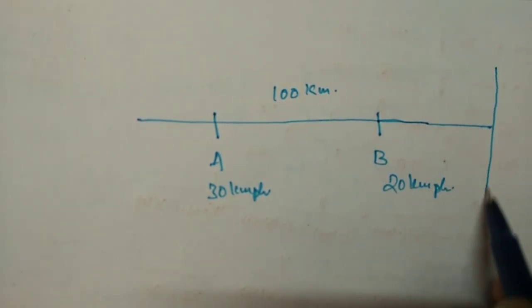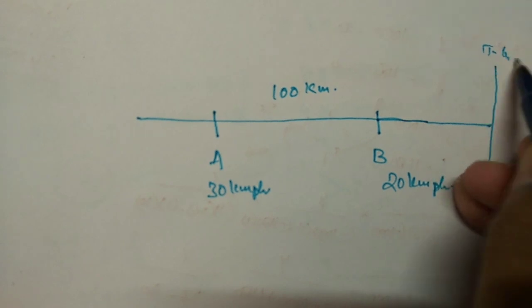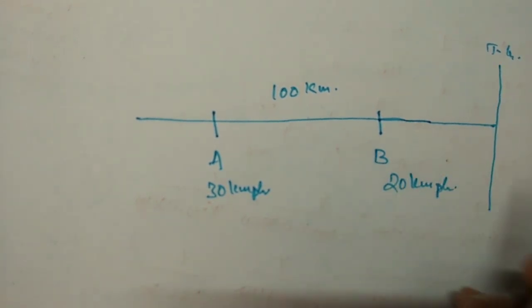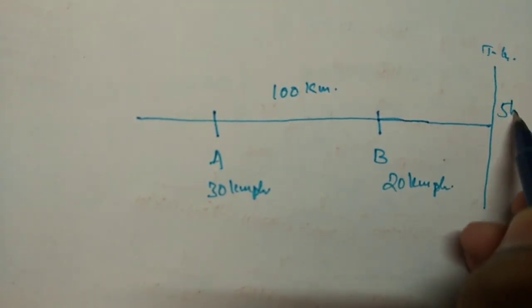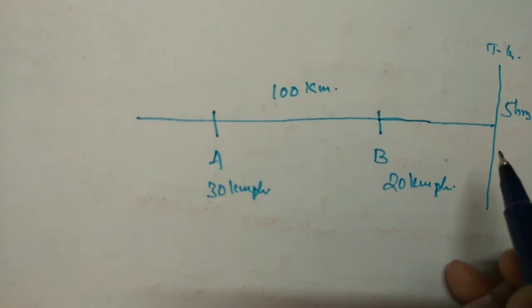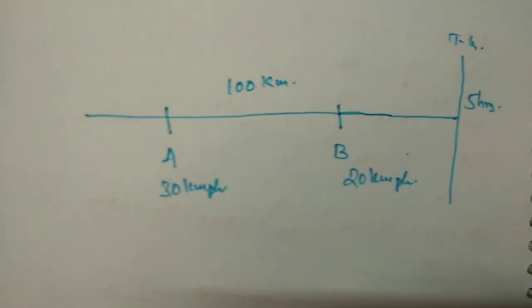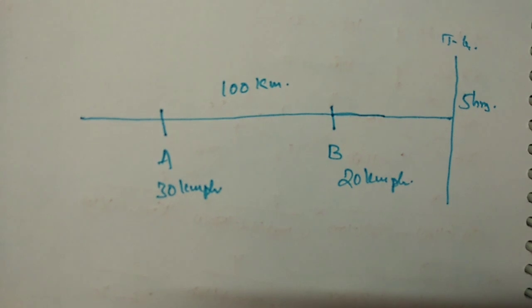So there is a toll gate. These two cars will reach the toll gate in 5 hours.